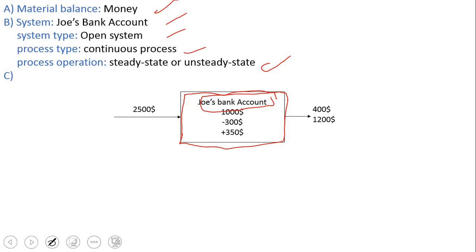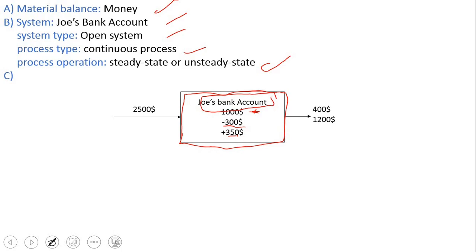He initially deposited 1,000. So the system initially has $1,000. And then the bank drew $300 to invest. After that, the bank returned it as $350.